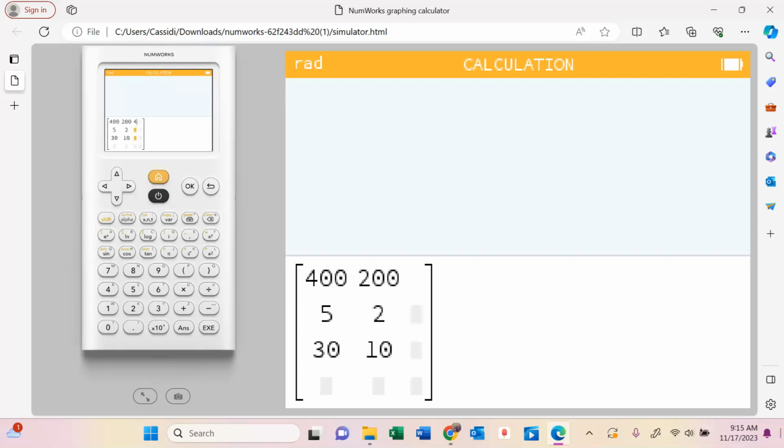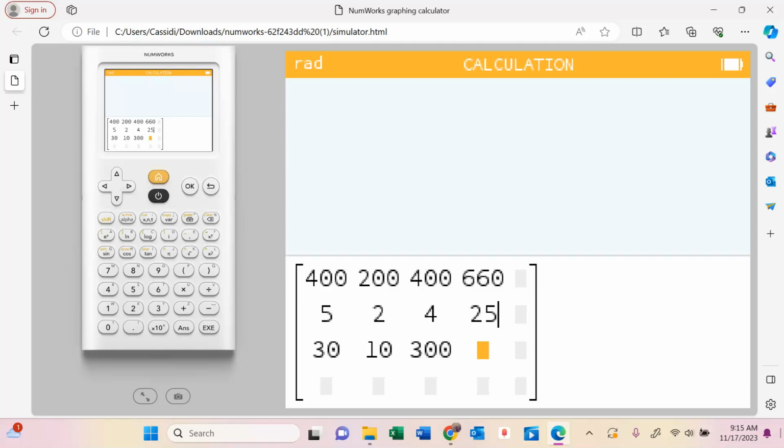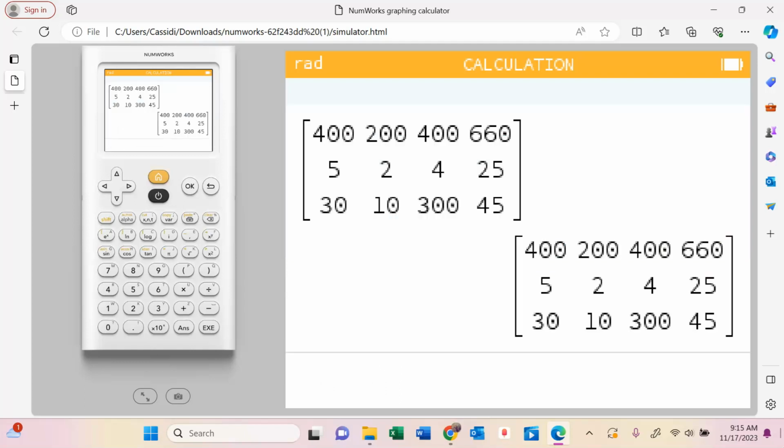And then 400, 4, and 300 were our z values. And then the solution, which when we did it by hand, we put a line there, is 660, 25, and 45. And then once we have it in there, we're going to click Enter.